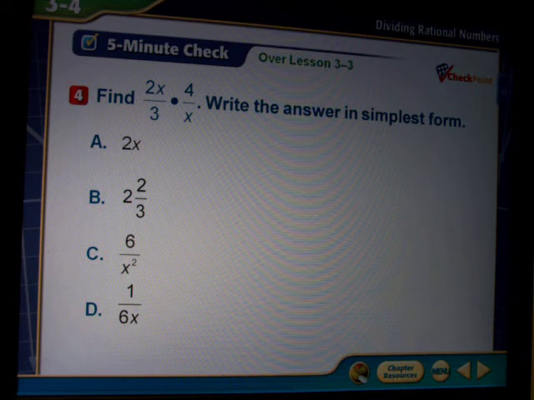Now we have 2x divided by 3 times 4 over x. Write the answer in simplest form. Is the answer A, 2x, B, 2 2/3, C, 6 over x squared, or D, 1 6x?